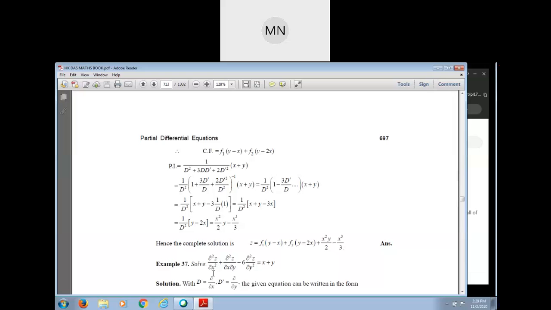Del 2z divided by del x square plus del 2z divided by del x into del y minus 6 del 2z divided by del y square equals x plus y. Okay, the method is the same as the previous one, and try to solve it.